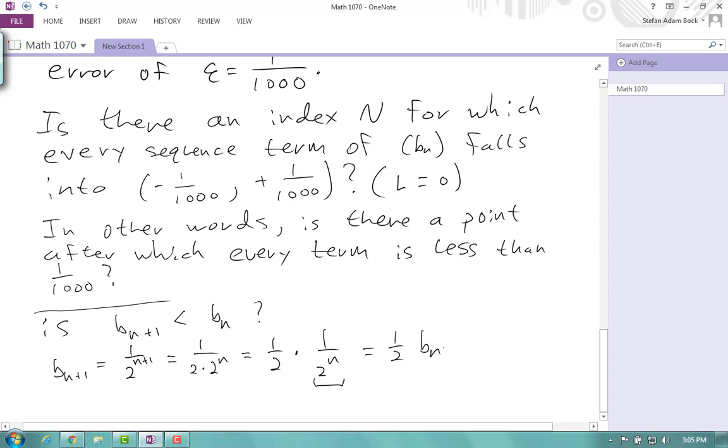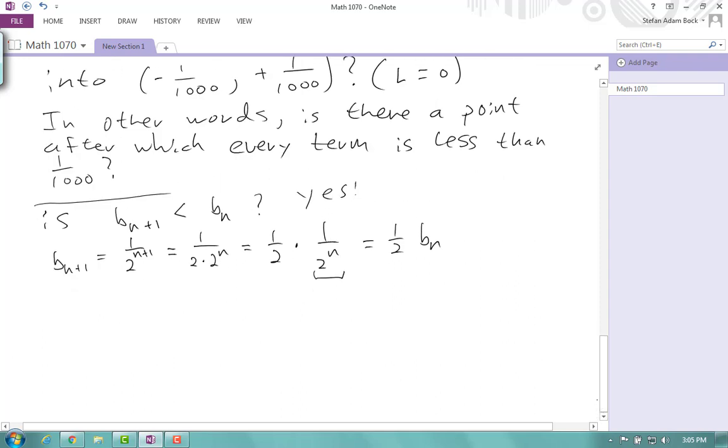So b sub n plus 1 is only half of b sub n, so this answer is yes. I didn't do anything special about these n's here, so I can just go ahead and assume that that's always true, which means my sequence is going to be shrinking. Every term is getting smaller, so I just need to find out the first time I'm smaller than 1 over 1,000.